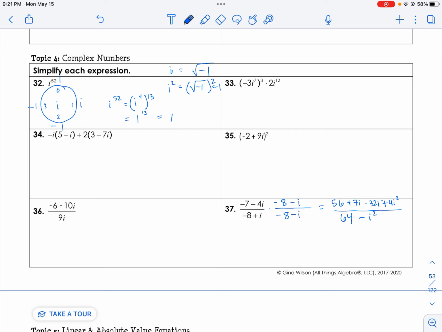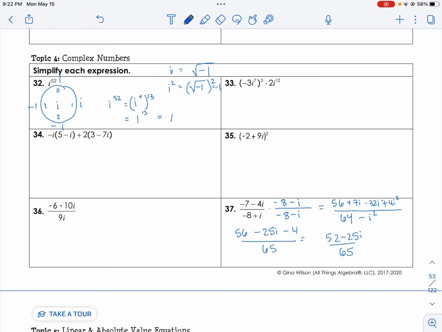So I'm looking at 56 plus 7 minus 32, that's minus 25i. That 4i squared becomes negative 4, over 64 minus i squared, which is negative 1. And so that's going to be over 65. So what I'm looking at is 52 minus 25i over 65.